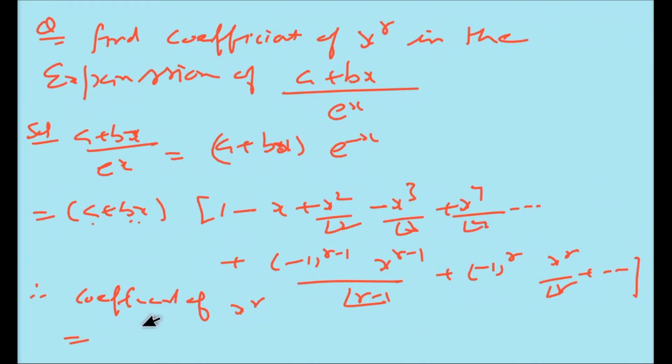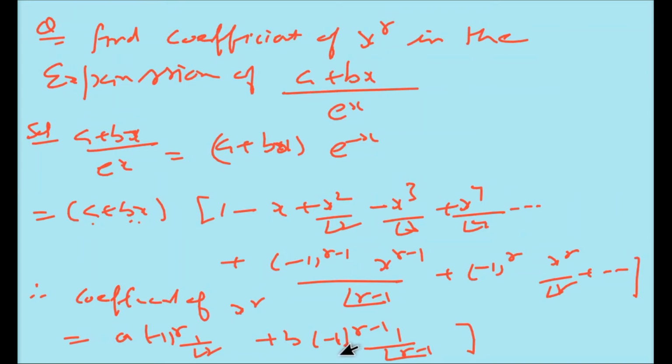So we can find a into minus 1 to the power r upon factorial r, plus b into minus 1 to the power r minus 1 upon factorial r minus 1. Right? So now taking the common factor here, minus 1 to the power r, we can take the common, minus 1 to the power r minus 1.